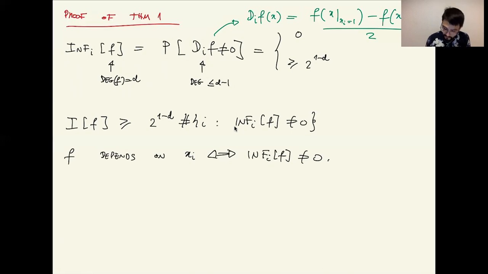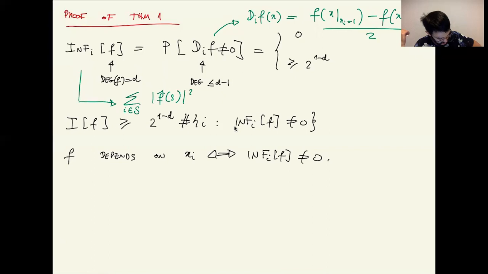However, f also has a Fourier expression, which is this one, when i belongs to S. I always forget whether it's i belongs to S or does not belong to S. I think it's i belonging to S. Yes, it's exactly that.